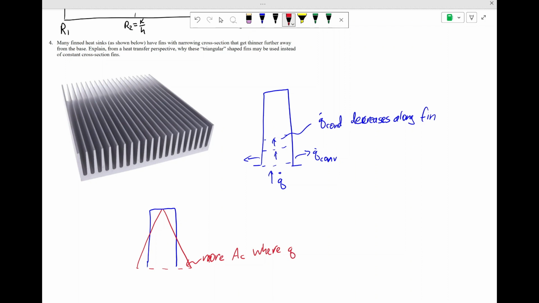So as a result, it'll be overall more efficient, or essentially this wedge at the top of the rectangular or square fin will be extraneous, that there will be extra area for heat transfer where there's very little heat flow. So it'd be oversized up there. So that's really all there is to this question here.